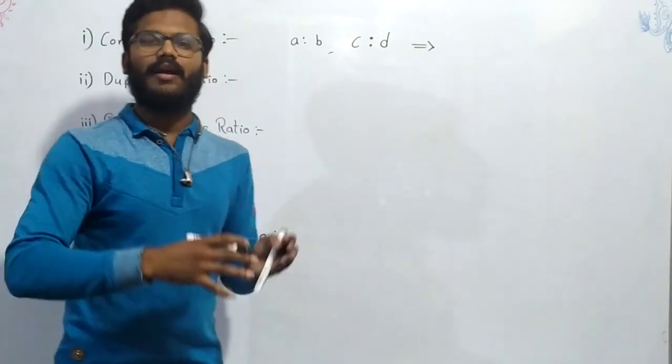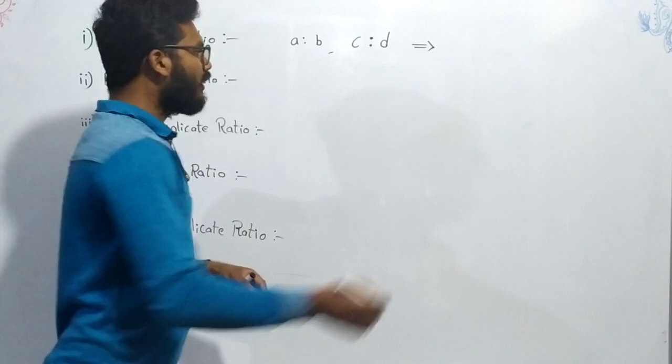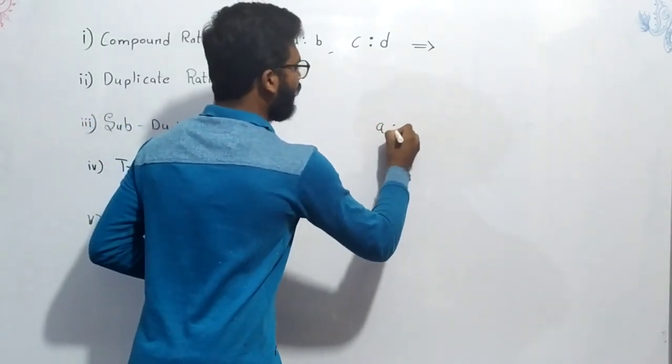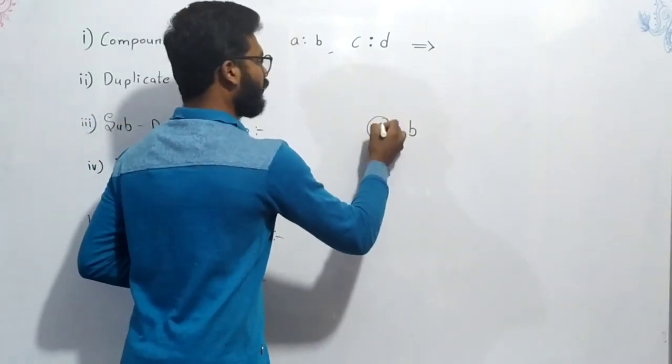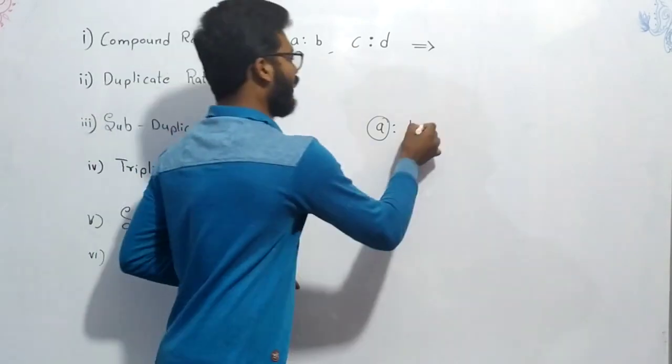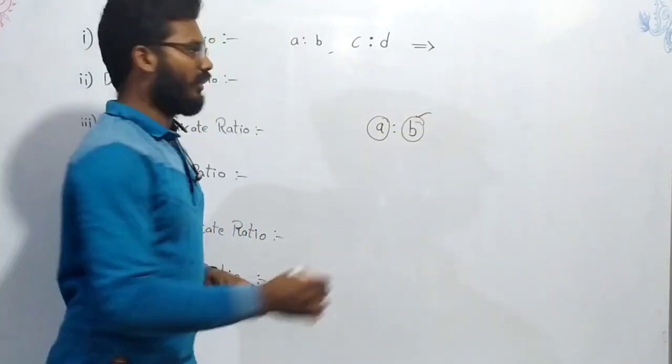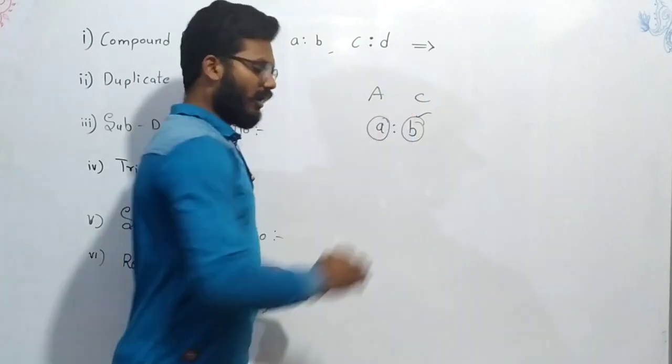What is antecedent and what is consequent? If A is to B is a ratio, the first term is called the antecedent and the second term is called the consequent.